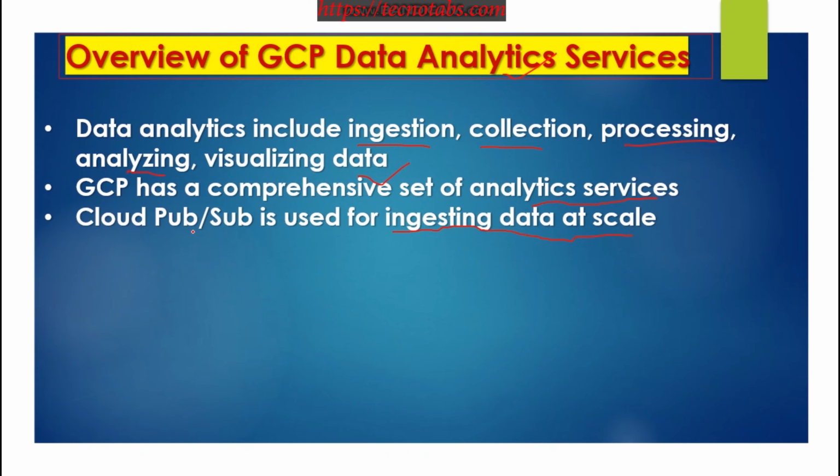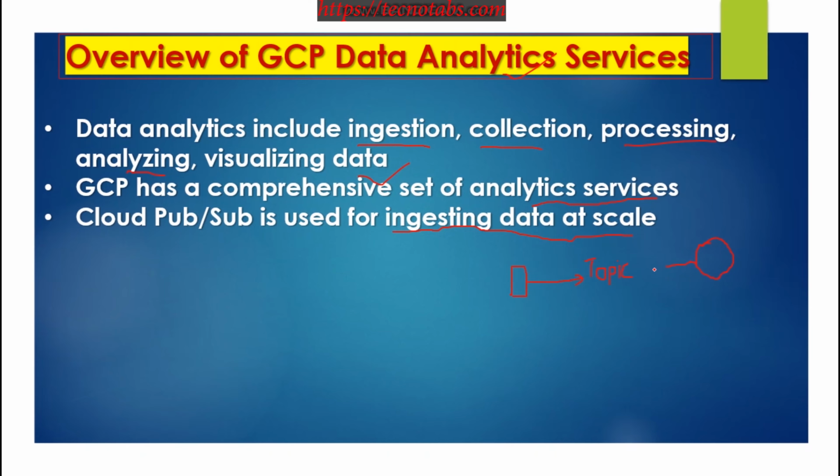One of the tools is GCP Pub/Sub, which is used for ingesting data at scale. The Pub/Sub model collects data from sensors or from logs, and it's based on the publish and subscribe model. That means if there is a sensor that wants to publish data, it will publish to a topic, and there will be an end user subscribed to this topic.